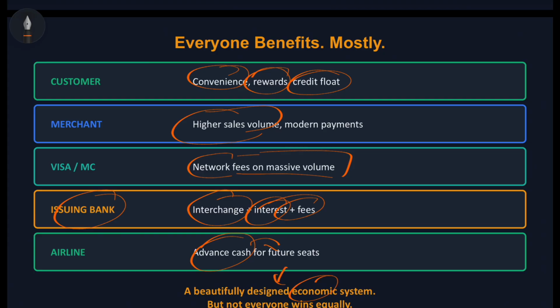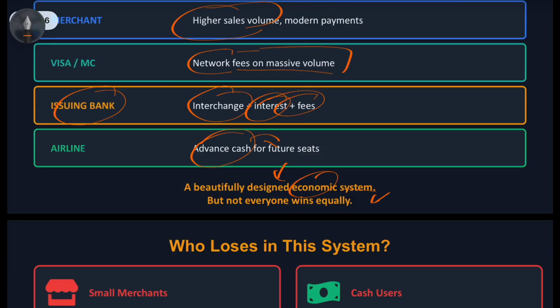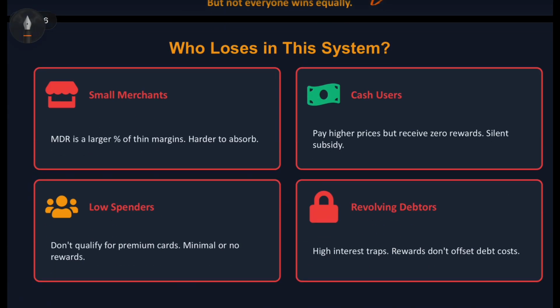So this is actually a very beautifully designed economic system, but the problem is not everyone is winning equally, right? Who are hurting from this process the most are actually the small merchants who have very razor thin margins, right? Which basically makes the MDR very hard to absorb. A lot of cash users are actually ending up paying higher prices, but they receive absolutely zero reward, right?